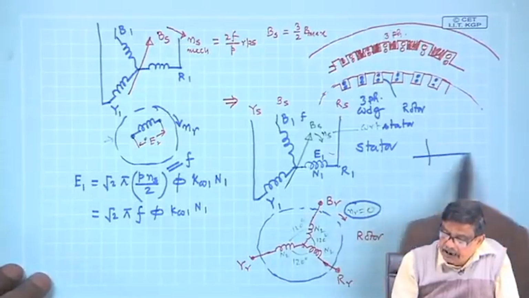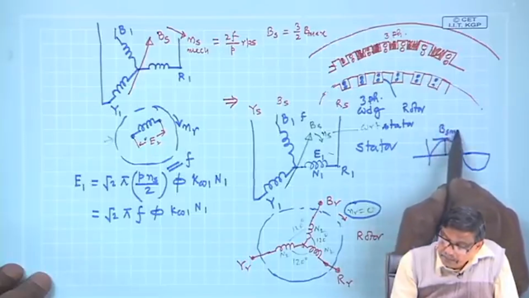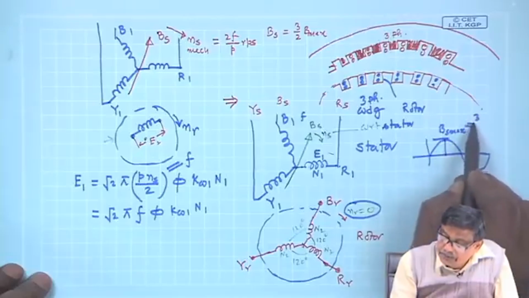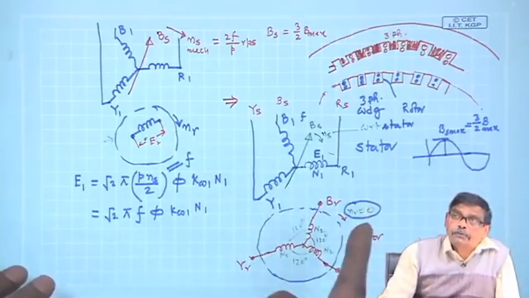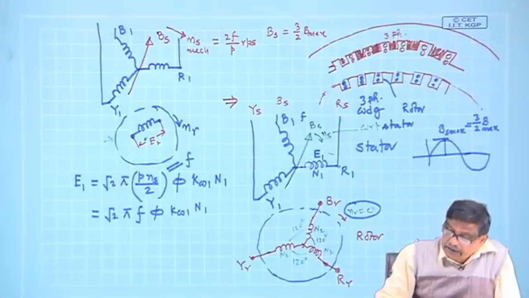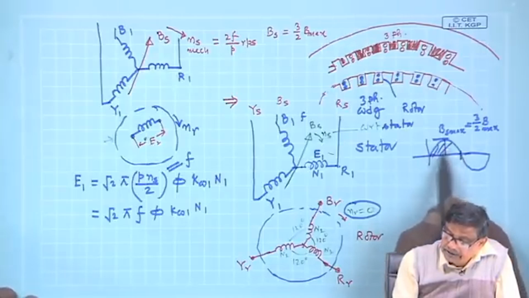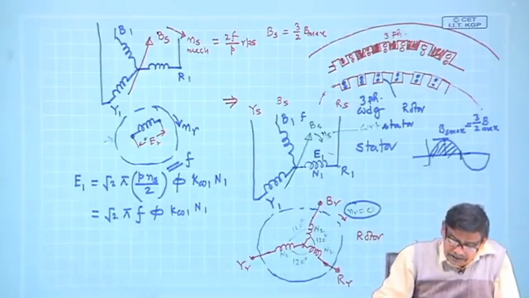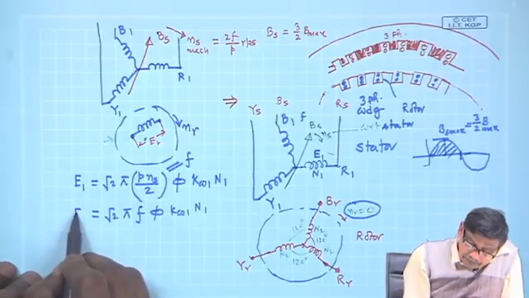Bs, if I am drawing like this, do not forget this Bs maximum is nothing but 3 by 2 B maximum. This you should never forget. What is B max? When that phase carries I max current, whatever is B max. So, I can calculate the flux per pole, what is the area, 4 by P, etc. So, this is E1.